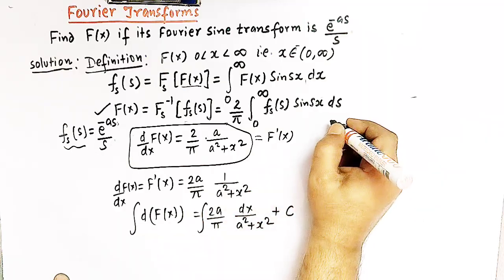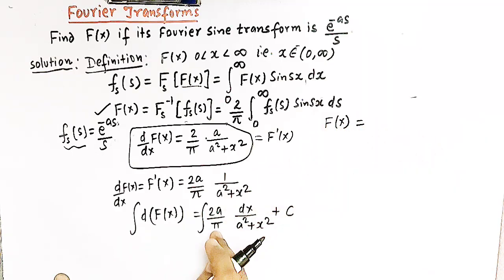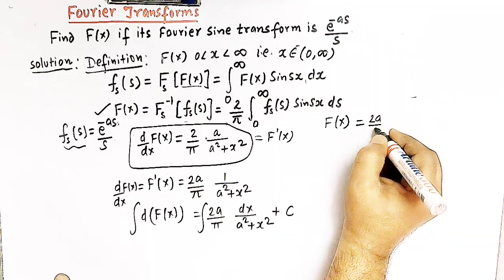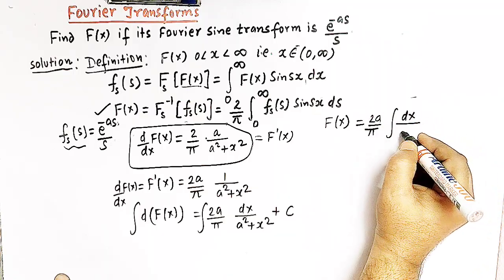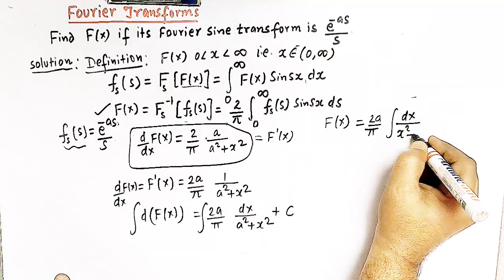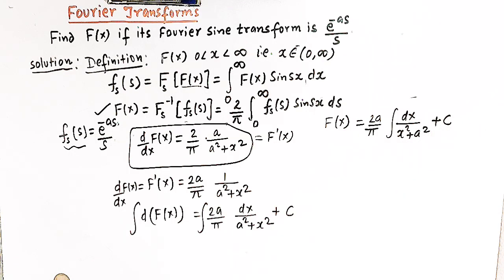So now here we can simply write f of x, and here we have 2a over pi, and we have dx over x square plus a square, and c is the constant of integration.